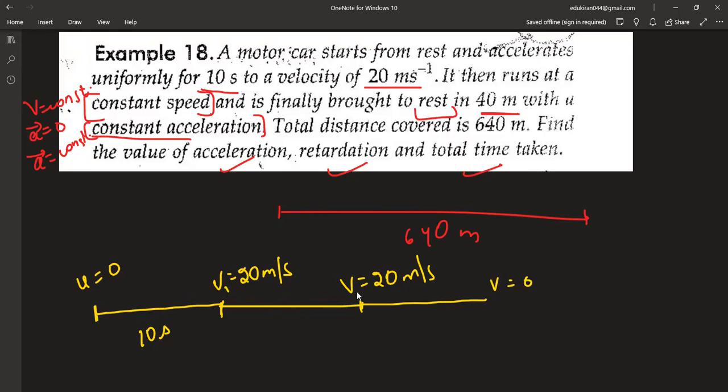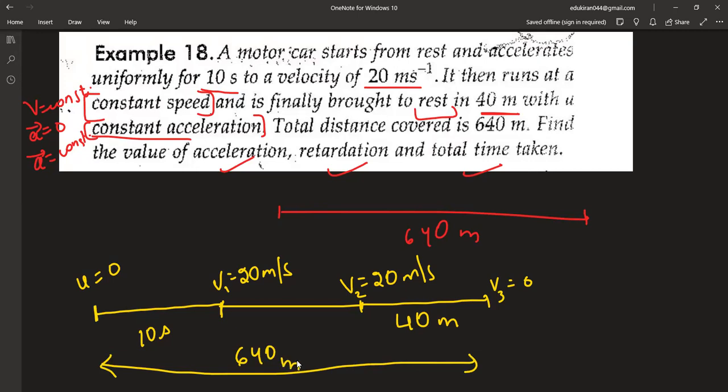So V1, V2 and V3. This is brought to 0 in 40 meters with a constant acceleration. The total distance covered is 640 meters. Find the value of acceleration, retardation, and total time taken.